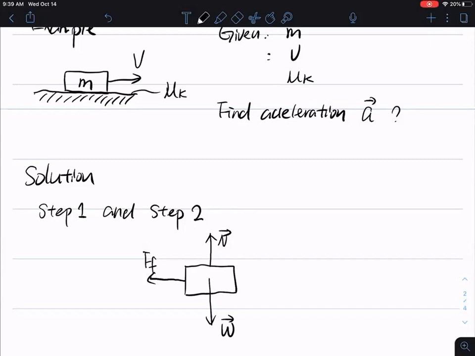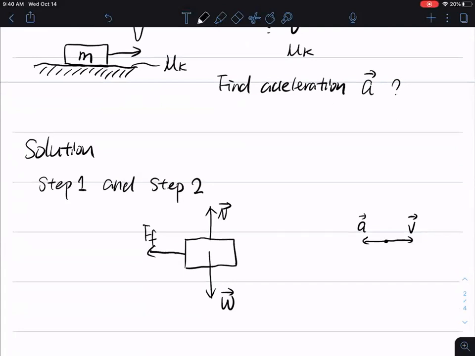So for this problem, we have 3 forces. You can add a dot to show the direction for velocity and acceleration outside the free body diagram as a reference for yourself. But those accelerations and velocity should not be on your free body diagram.